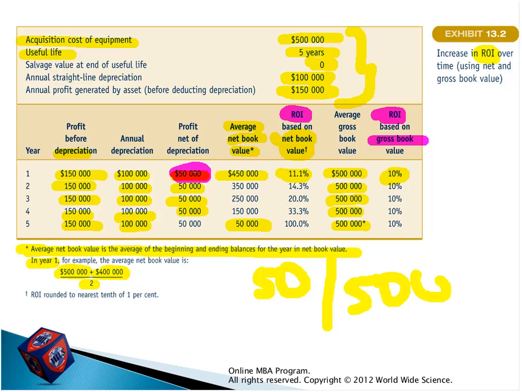All in thousands, of course. And then we multiply by 100, and we get 10% return on investment, ROI, which is based on the gross book value of equipment.